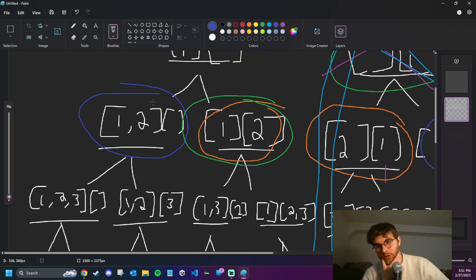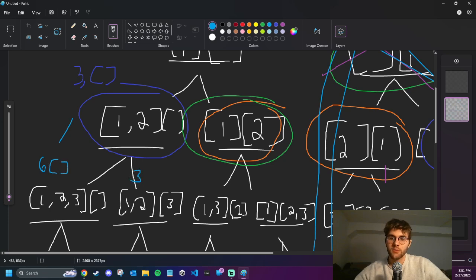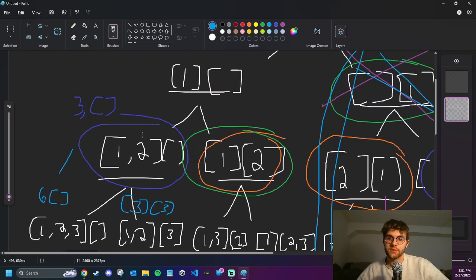So we can represent this instead of 1, 2, we can represent it as 3, empty list. And then here we can represent this as 3 times 4, 6, empty list here. And here we can represent it as 3, 3. So should we just store the sum as we go? What would that do for us? It doesn't really change anything.